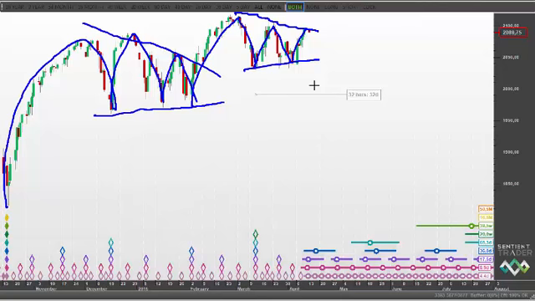Now, when you see patterns like that repeat in the market, and that's a particularly beautiful pattern, a very clear repeating pattern, then, in my opinion, it is a reason to sit up and take notice.